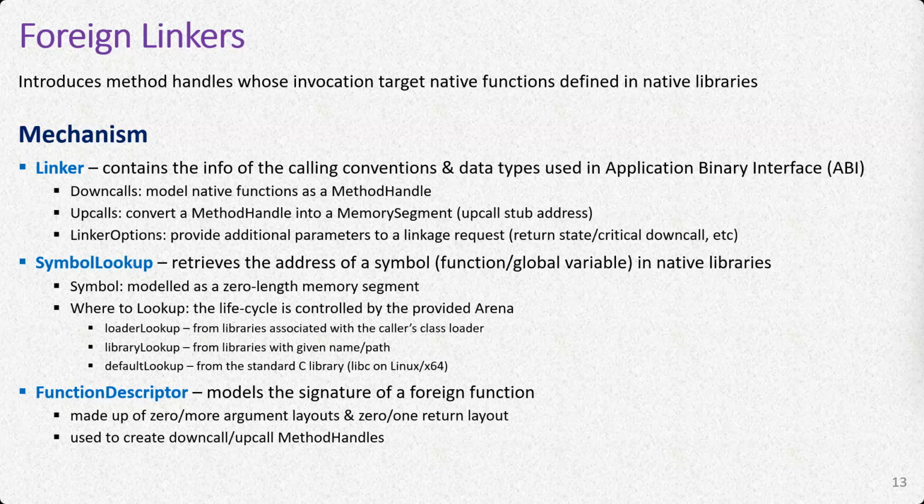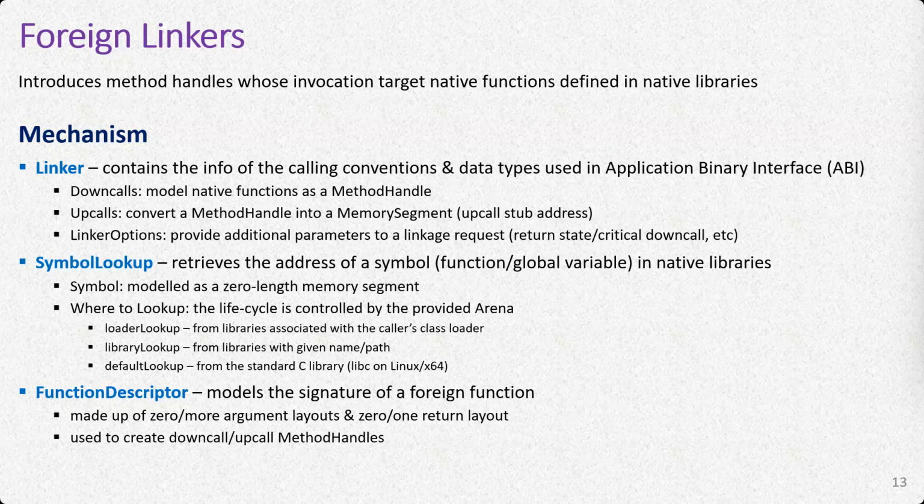Symbol lookup provides a way to get the address of functions or global variables in native libraries. What it does is to model the address as a zero-size segment to be reinterpreted in your code. So there are three types of symbol lookup: the loader lookup, the library lookup, and the default lookup. The loader lookup is supported by the caller class loader.